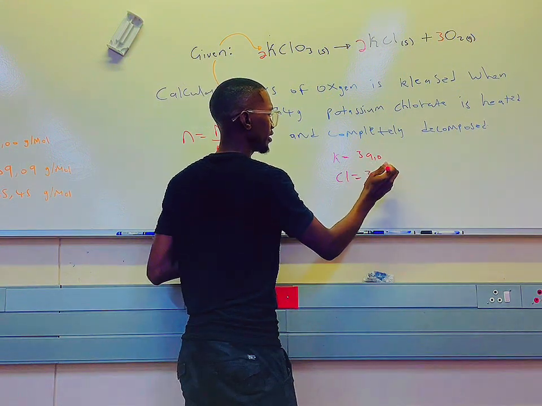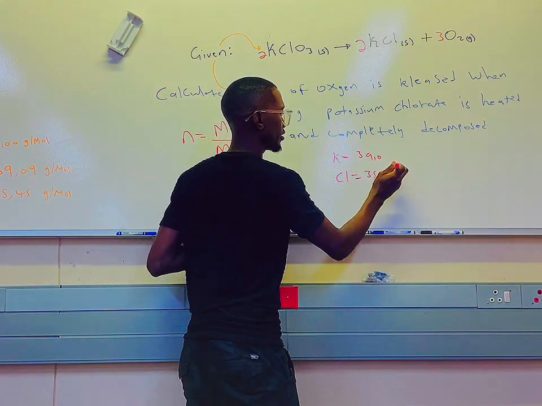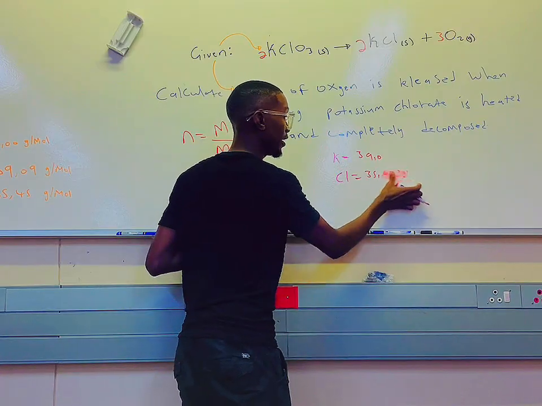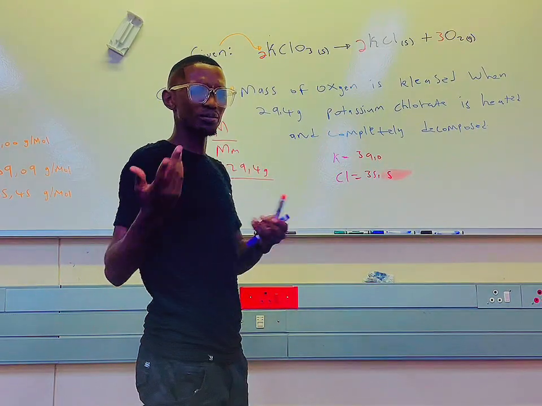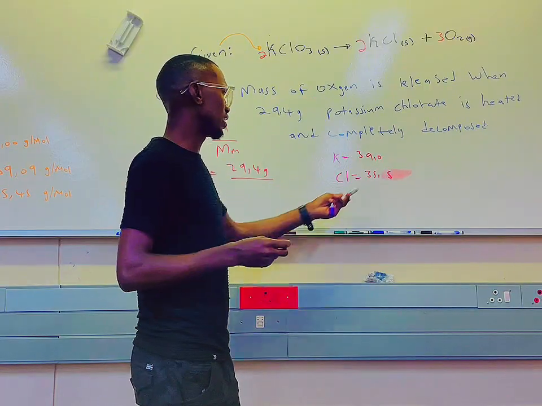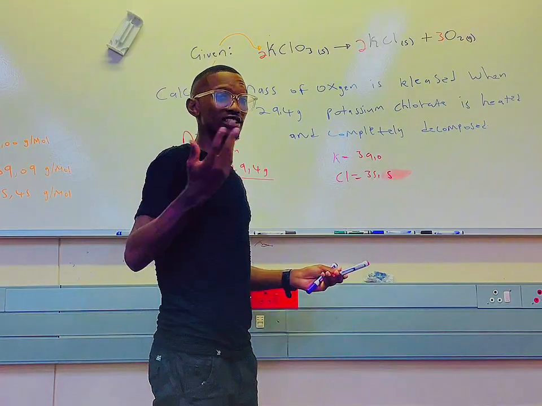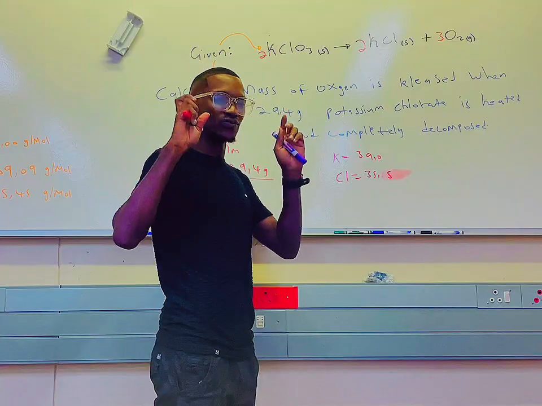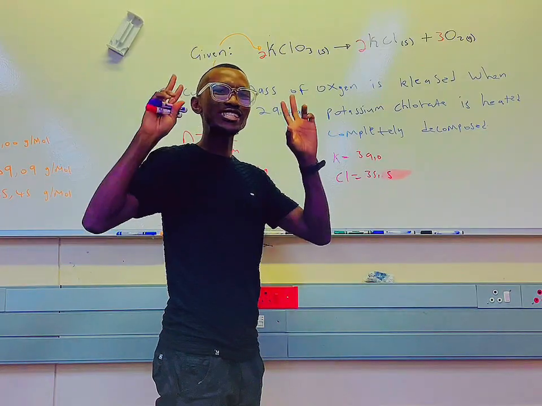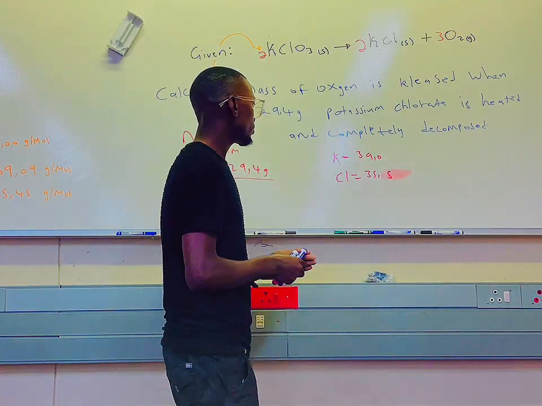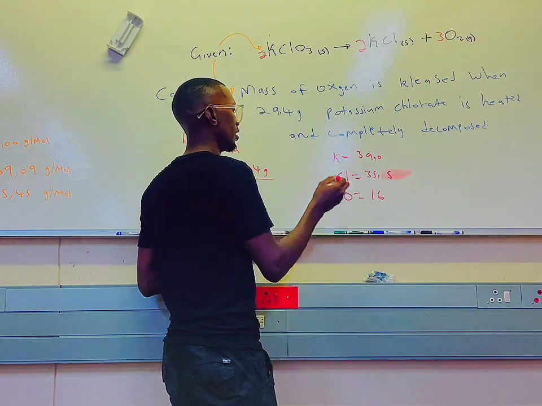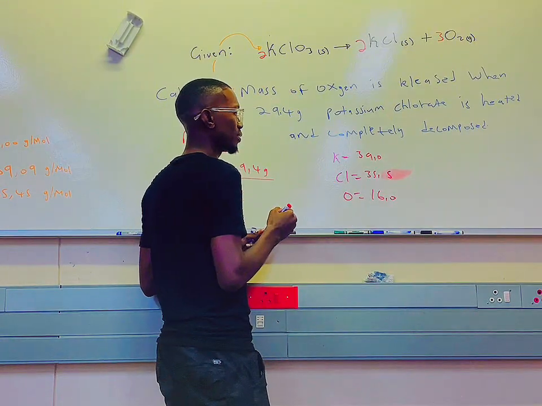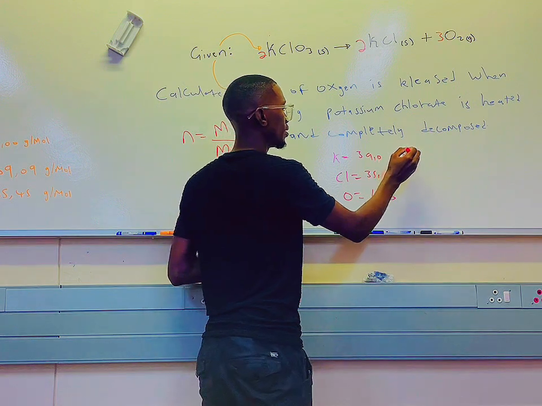Some periodic tables are different, with 2 decimal places, and in chemistry we don't usually make use of decimal places. We make use of what you call significant figures. Then your oxygen is basically 16.0 grams per mole. So this is grams per mole.